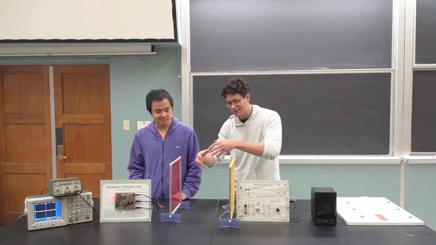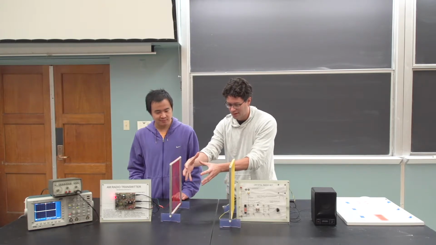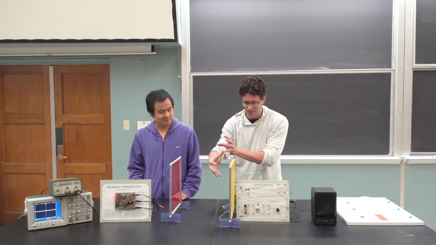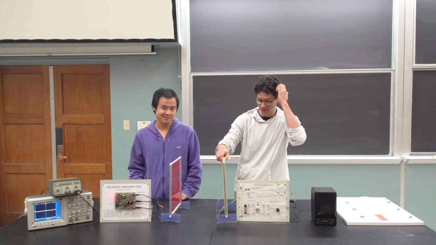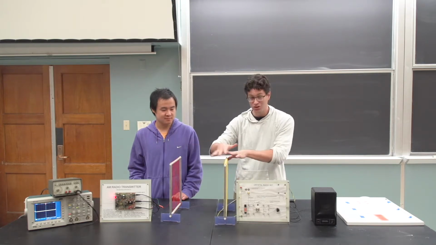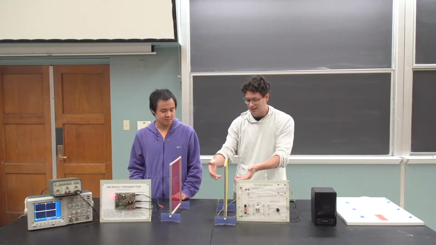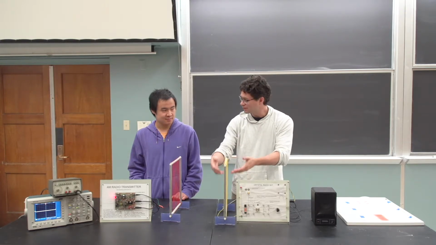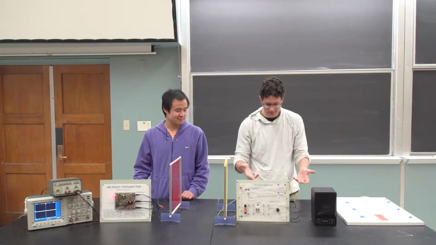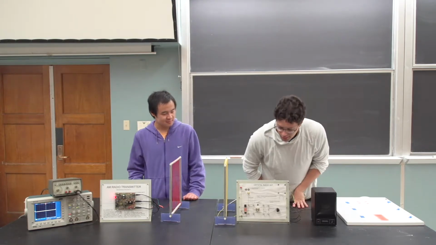And back to B field, this is our electromagnetic wave. And it propagates all the way to here, not too far. And then we have our receiving antenna. There's no connection here. And then the oscillating B and E field will induce a current, and it'll pick it up.